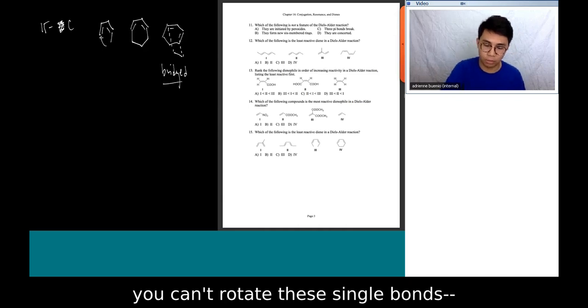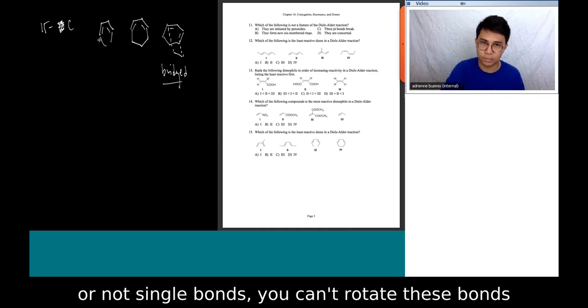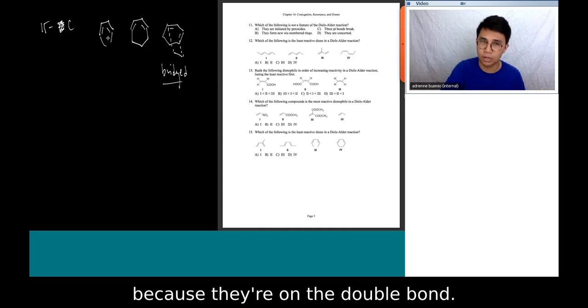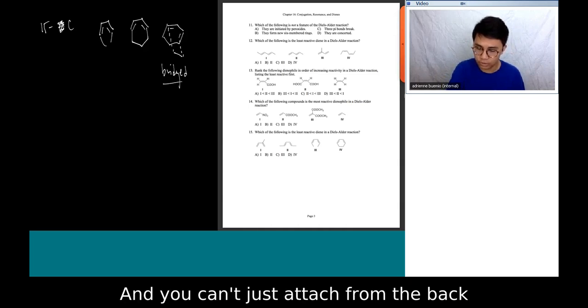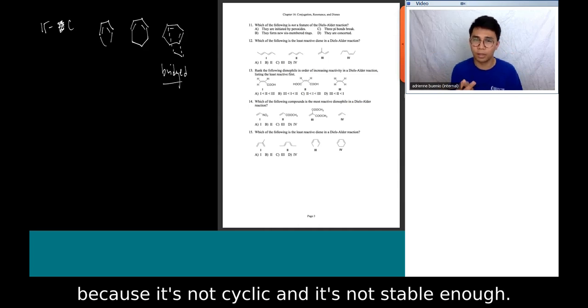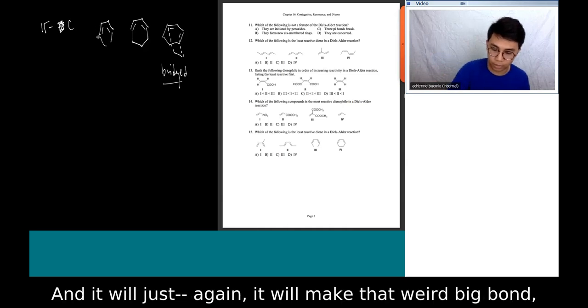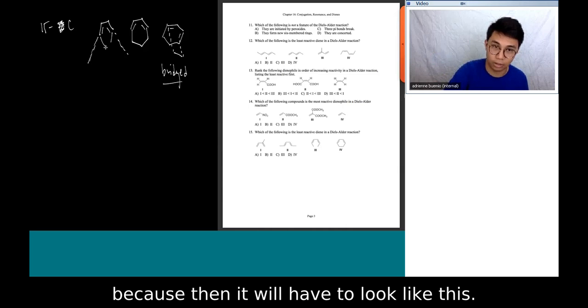But this one you can't make a bridge because you can't rotate these bonds, because they're on the double bond, and you can't just attack from the back because it's not cyclic and it's not stable enough, right? It'll just make that weird big bond, because then it'll have to look like this, right?